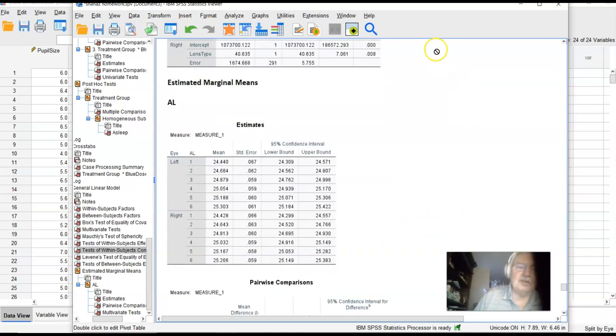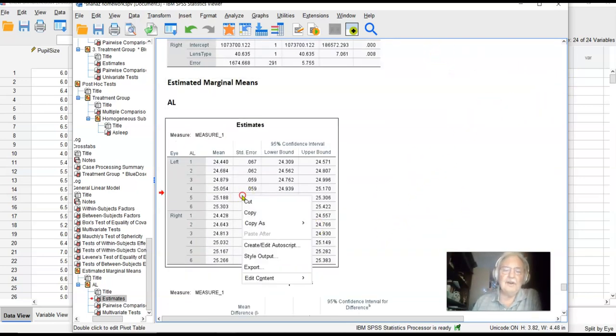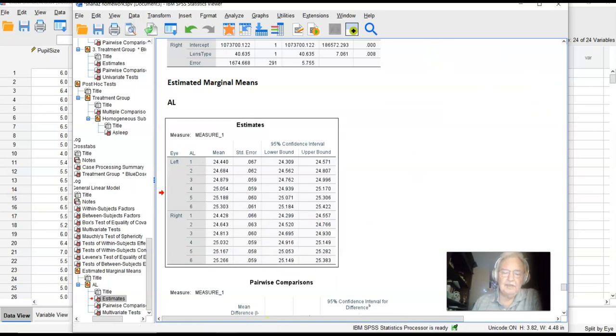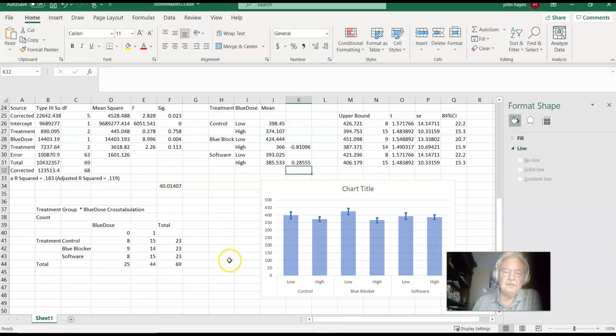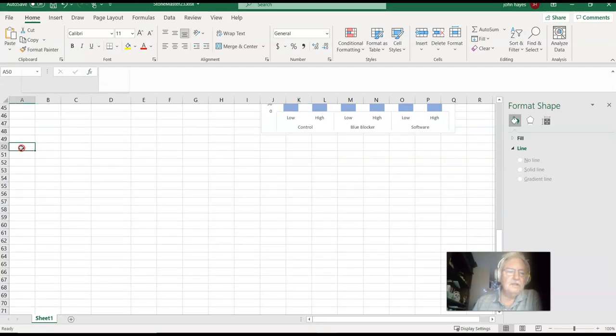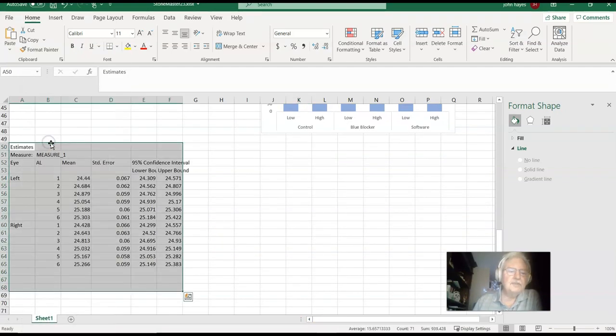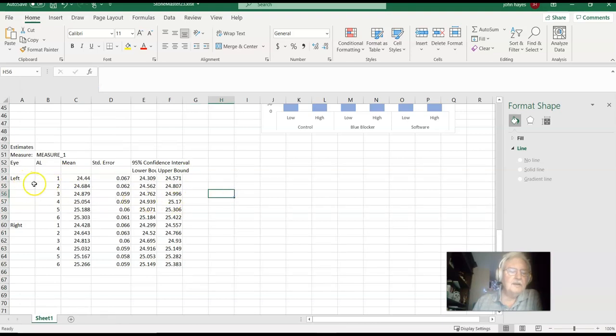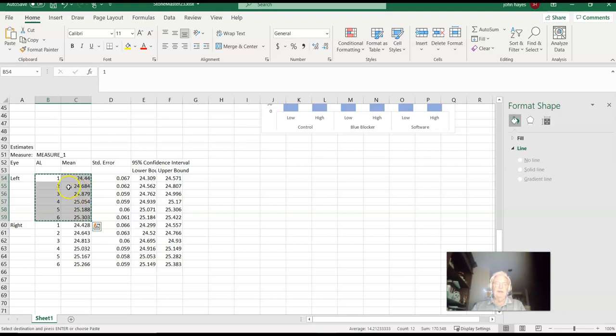All right, notice here we have our estimates. Copy, spreadsheet, paste, and here we can, just for the left eye, this is the main effect. Not really what we're interested in because the interaction was significant.